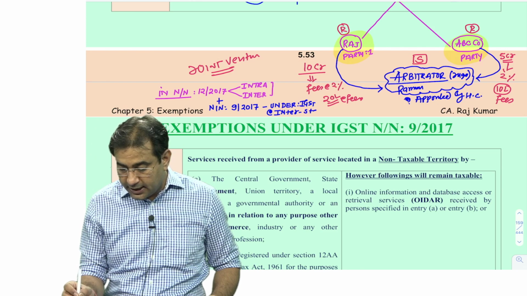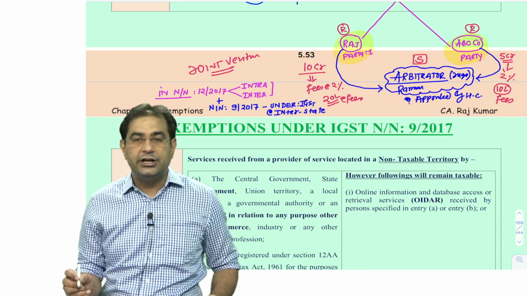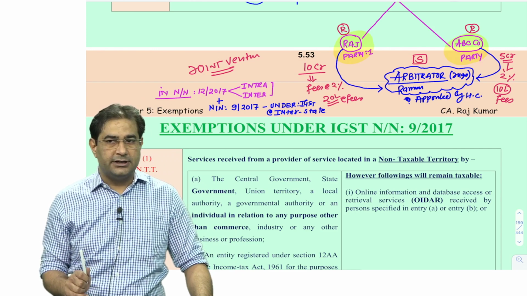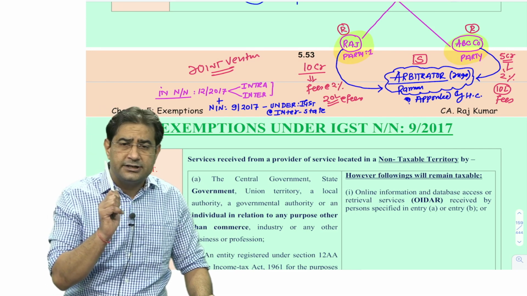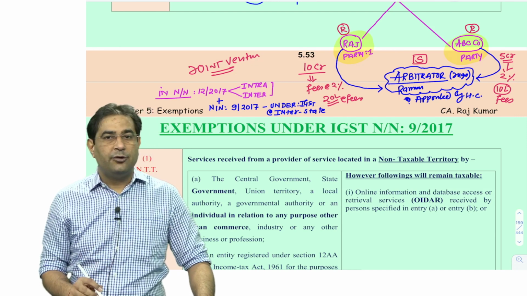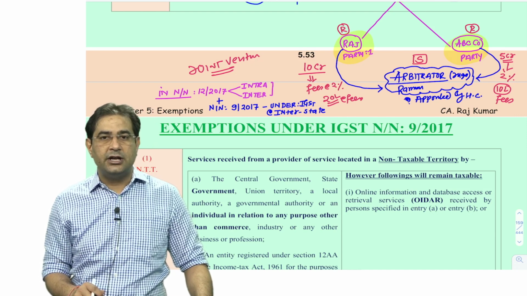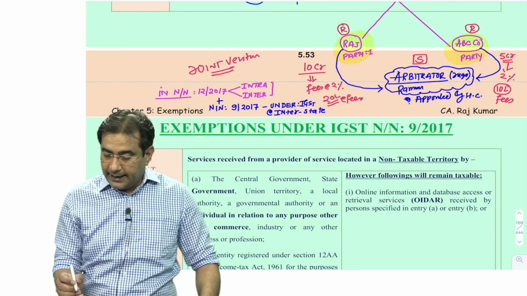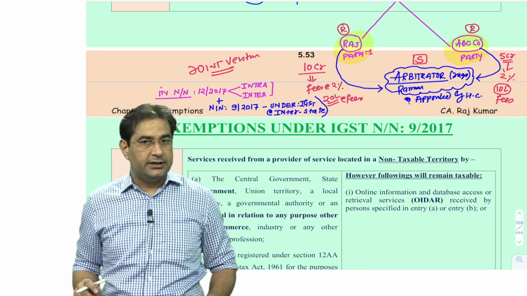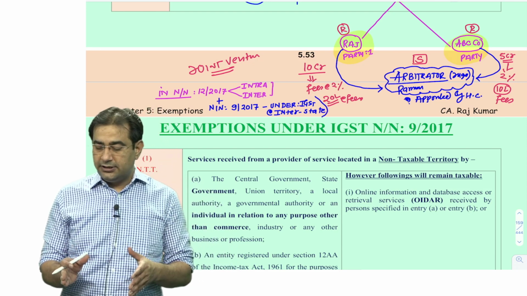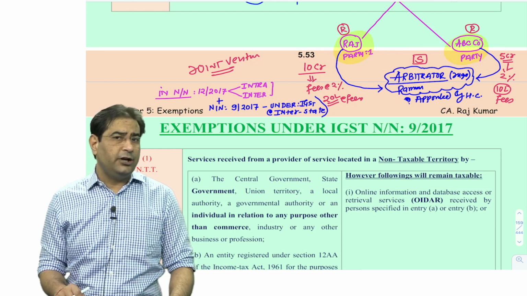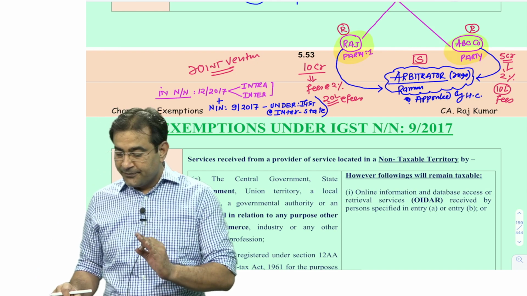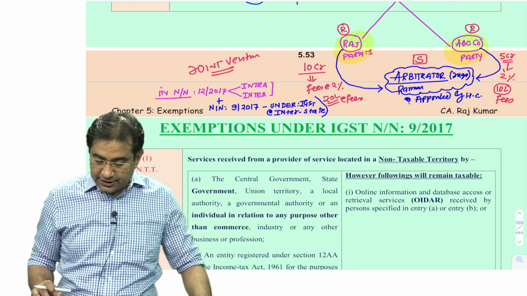Basically, these are some international transactions which are exempt from IGST, because in case of international transactions IGST is imposed, and some of them are exempted. Is it okay? That's why exemption notification 9/2017 is applicable only on international or interstate transactions.